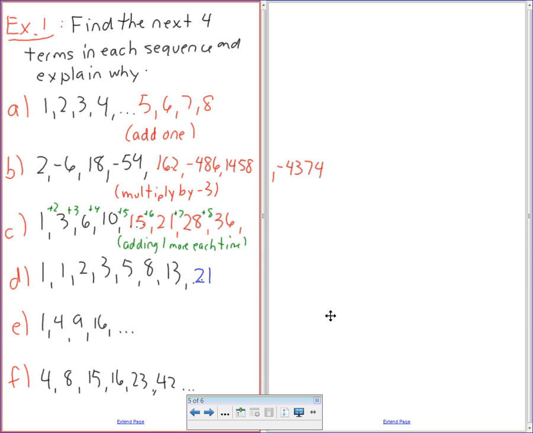In order to get a number, you add the previous 2. So 1 plus 1 is 2, 1 plus 2 is 3, 2 plus 3 is 5, 3 plus 5 is 8, 5 plus 8 is 13, 8 plus 13 is 21, 13 plus 21 is 34, 21 plus 34 is 55, and then 89. And that's called add the 2 previous terms.